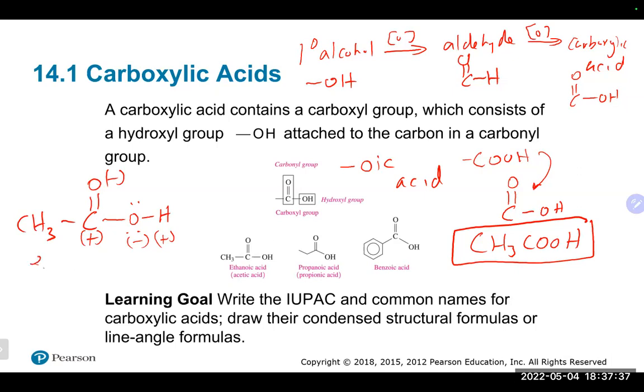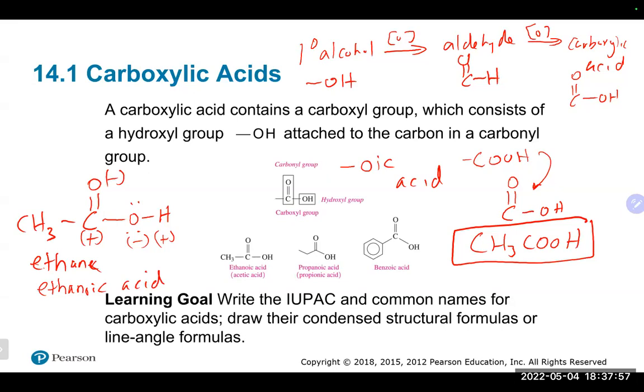And that is based off of ethane. I personally like to just drop the E and add the oic acid, and it becomes ethanoic acid. So that OIC acid at the end of it.